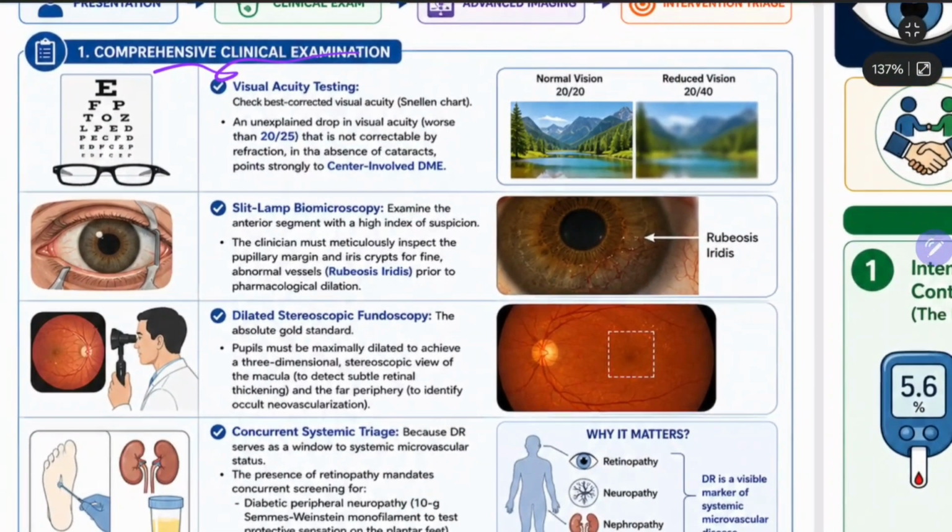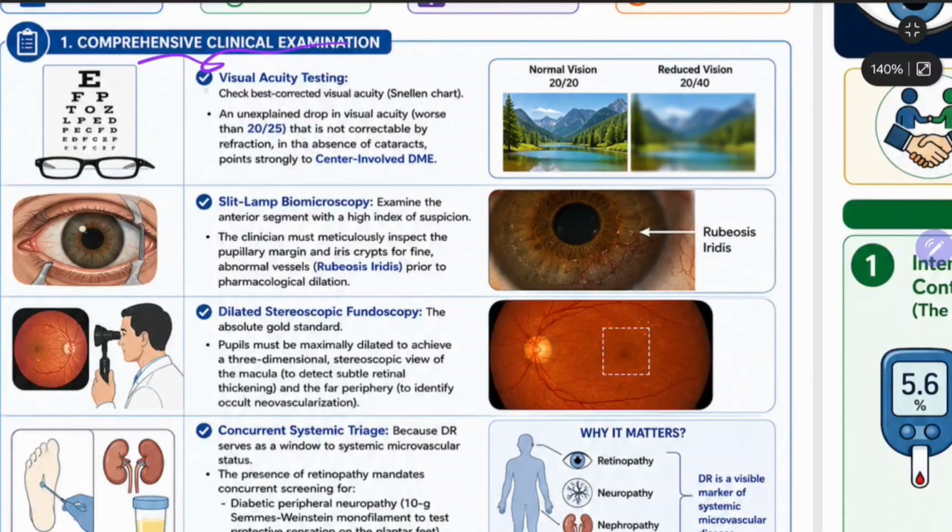In the comprehensive clinical examination, the first step is visual acuity testing by Snellen's chart. An unexplained drop in visual acuity worse than 20/25 that is not correctable by refraction, in the absence of cataracts, points strongly to center-involved diabetic macular edema.